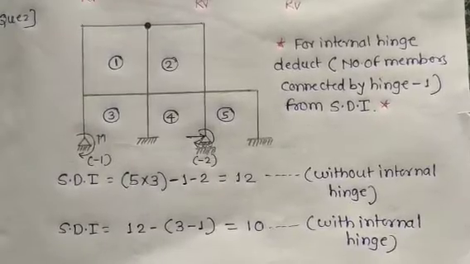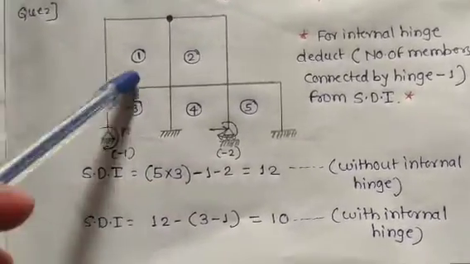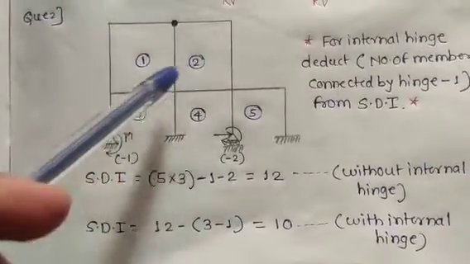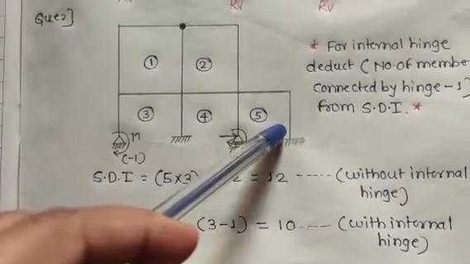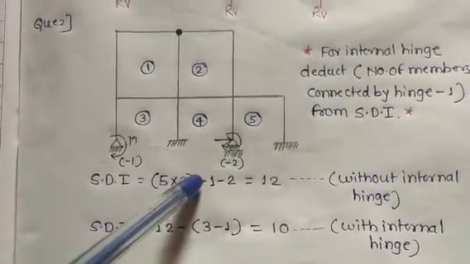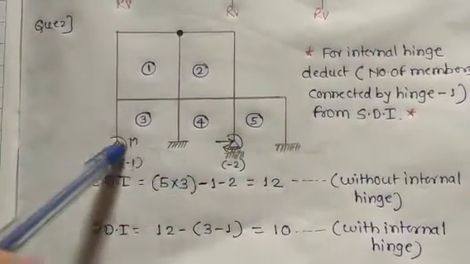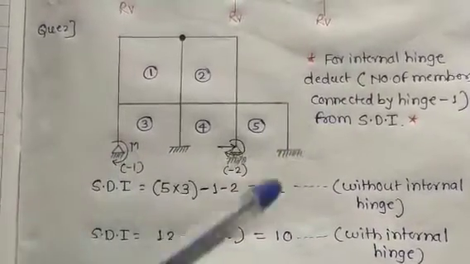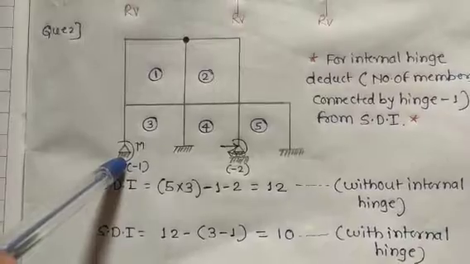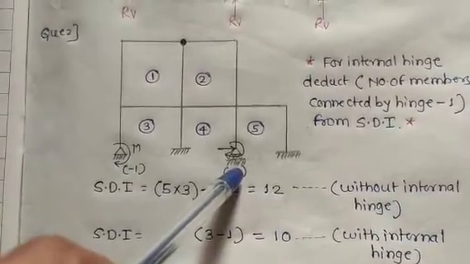Again here you have to count the number of closed spaces. The number of closed spaces for this particular problem is again equal to 5. You have to multiply it by 3 and that is equal to 15 when all the supports are fixed supports. But in this particular problem, the first support is a hinge support and the third support is a roller support.